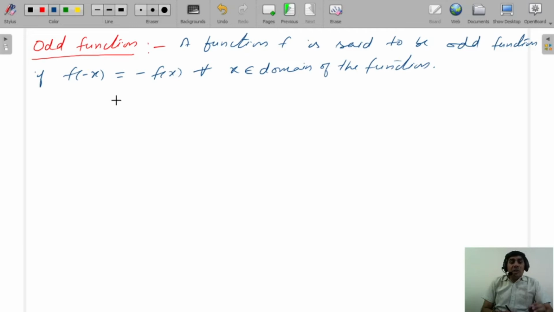That is, if we replace x by minus x, then the value of the function is negative of itself, the function is said to be an odd function.